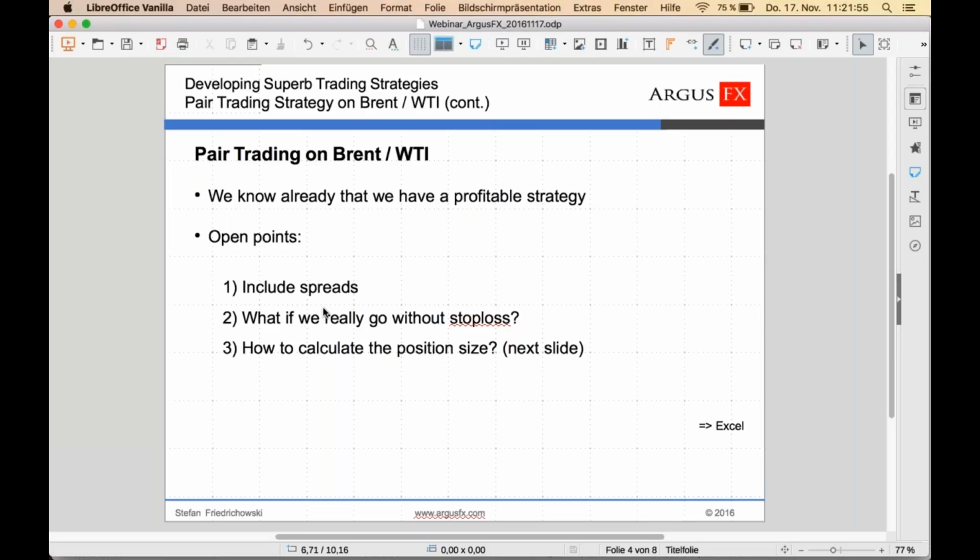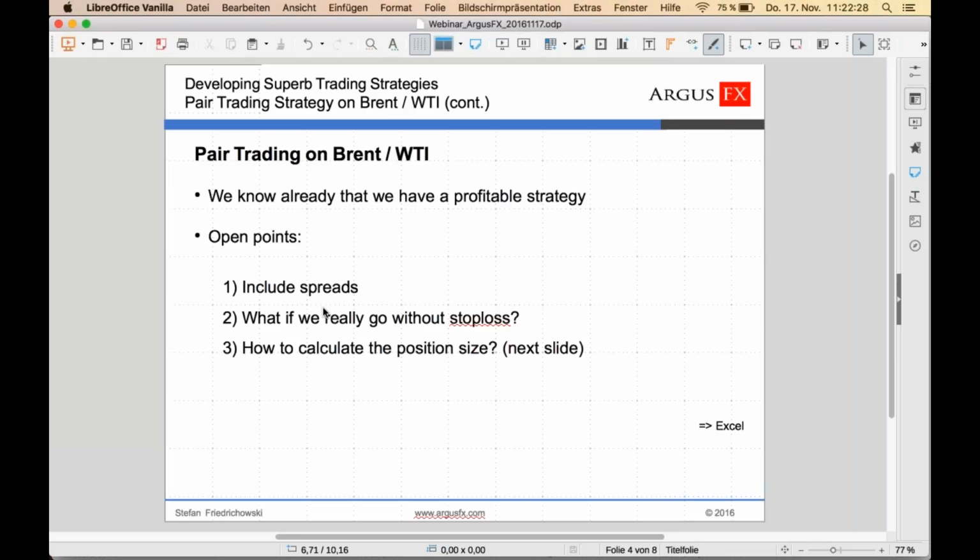We realized already that to have an individual stop loss on that single trade does not make sense at all, because this pair trading profits directly from the opposite movements. So just to have a stop loss on a single trade would ruin our strategy. Maybe we should have a stop loss on that pair, but even that is questionable. But let's see directly in the Excel sheet.